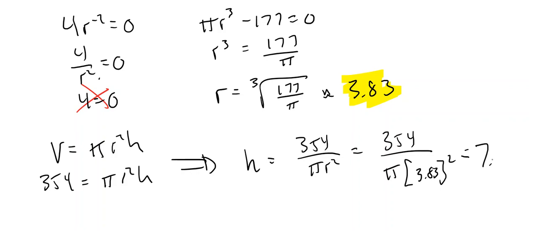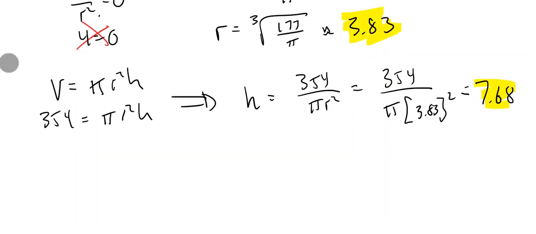And so there is our height. So the dimensions of the can that would give us the minimum amount of material to create this can would have to have a radius of 3.83 centimeters and a height of 7.68 centimeters.